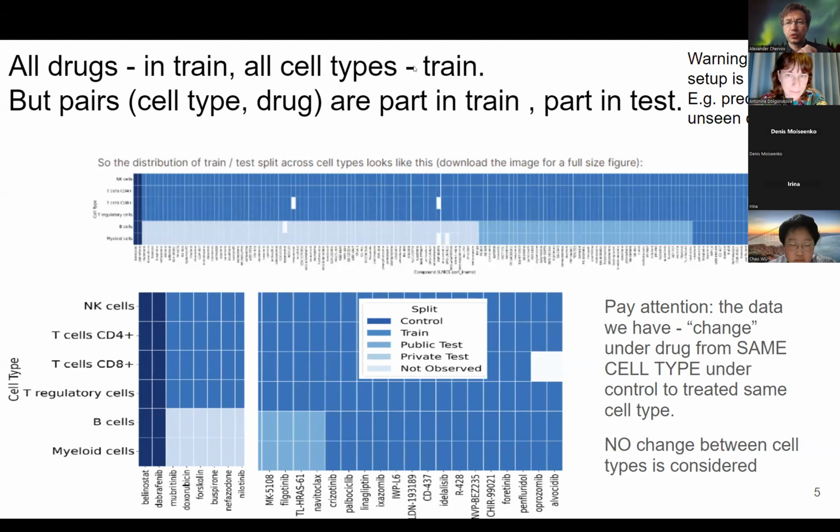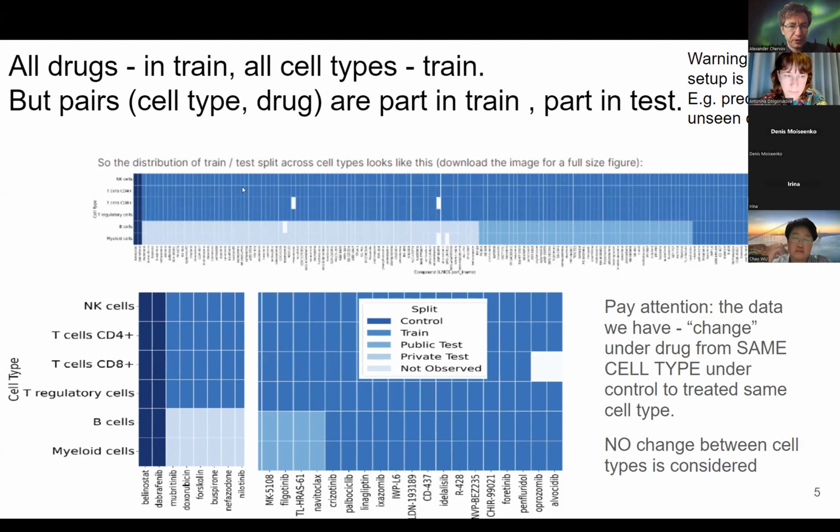That might be unusual, because for much research on this topic, people want to generalize the effect of a drug to an unseen drug, some new drug which you do not have in your train set. For many researchers, the task is like that. But here the task is different. Here we want to predict the effect of the drug on a different cell type. That's the main point of this competition.